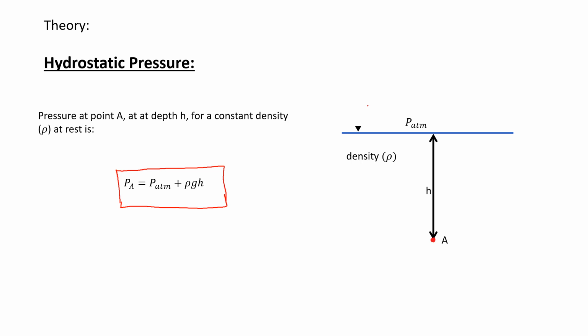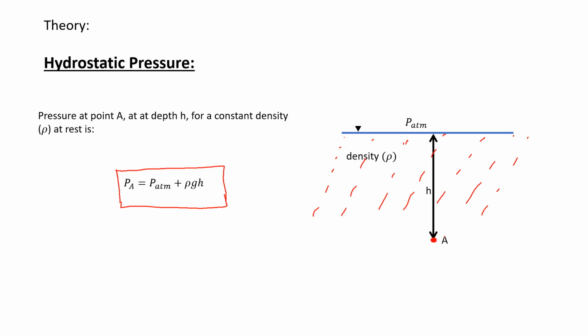And you need to know the hydrostatic pressure. If you have some fluid here, the weight of this fluid will exert some pressure at every point in this vertical column, and that pressure only depends upon the height, nothing else. That's called the hydrostatic pressure.